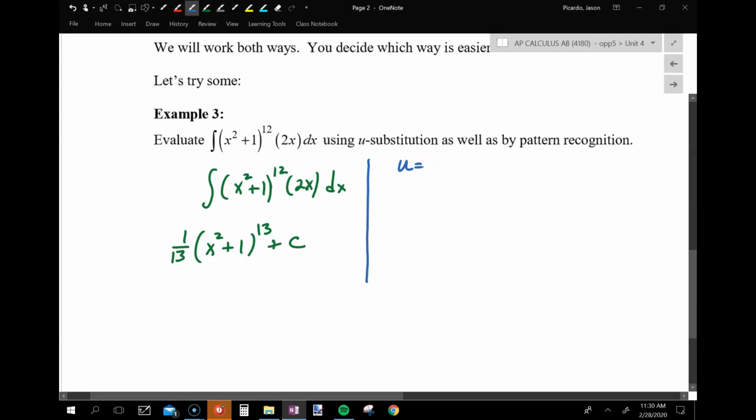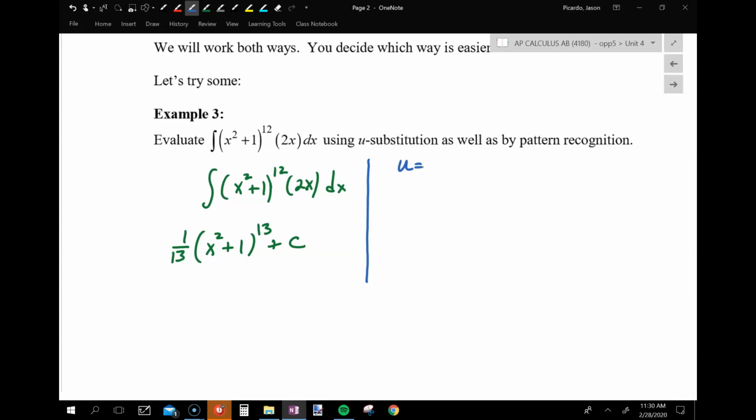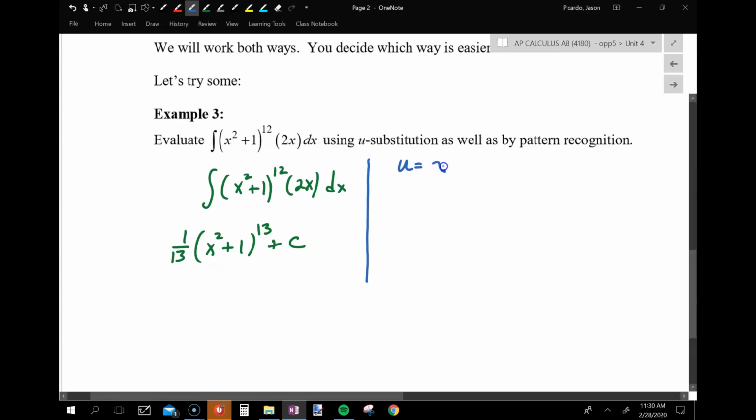So U equals, what would you probably make your U in this problem if you had to guess? The most interior piece, X squared plus 1. Now, Gardner said 2x, or she was going to say 2x. But if you think about the method of U-substitution, I know that I'm going to wind up taking a derivative of this. And what is the derivative of this going to give me? 2x.